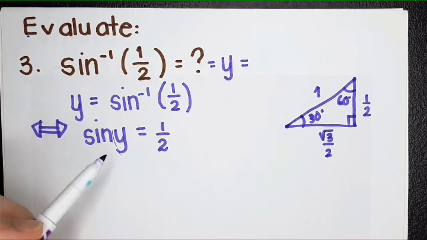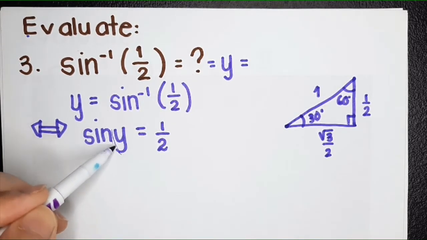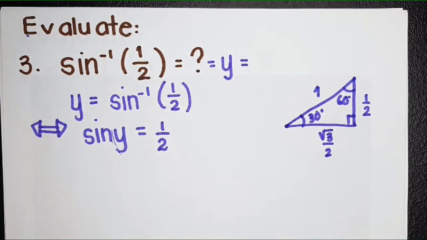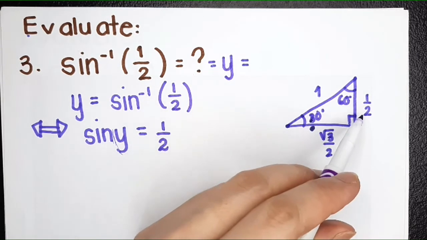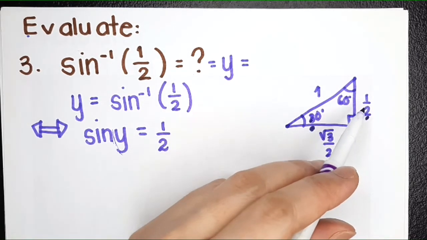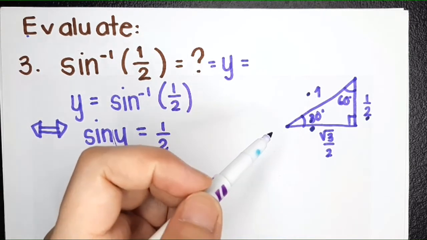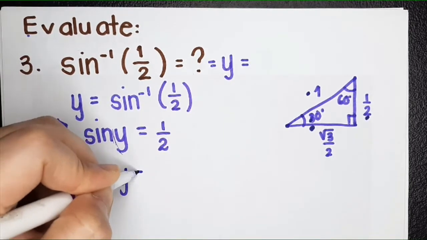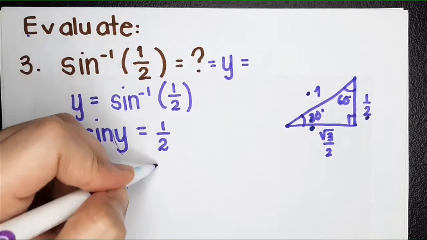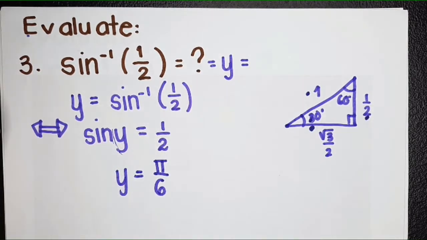So, anong angle measure na kapag kinuha ang sine equals 1/2? It is the 30-degree angle. Opposite, it's 1/2 divided by the hypotenuse. So, 30 degrees. But, of course, kailangan in radians. So, it is pi over 6.